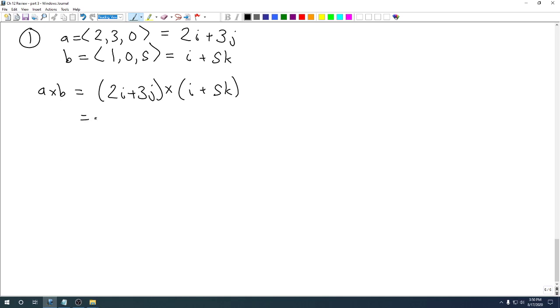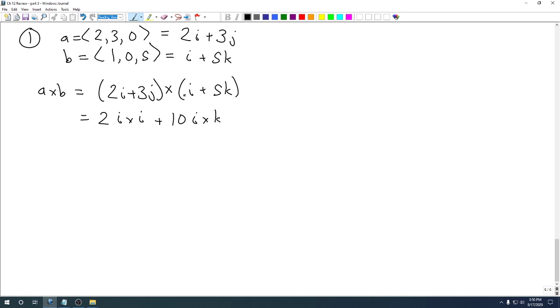We do have to make sure that we don't change the order of the vectors when we multiply them, but we can pull out any of the scalars. So here we have 2i times i, so we have 2, but then we have i cross i. We'll simplify these in a moment. We have the 2i times 5k, so the 2 and the 5 we can pull out to get a 10. Then we have i cross k.